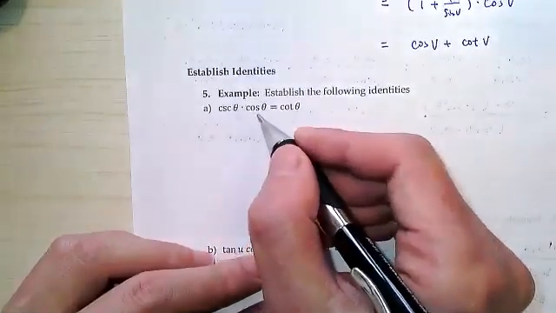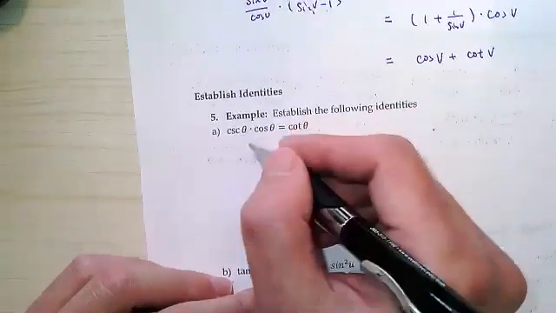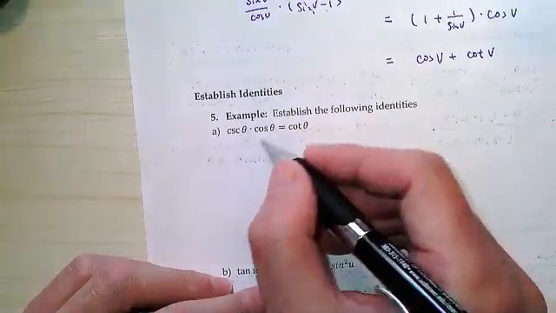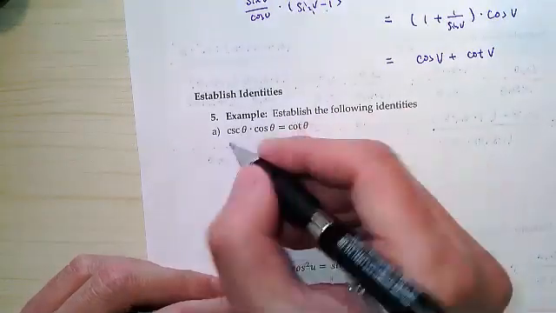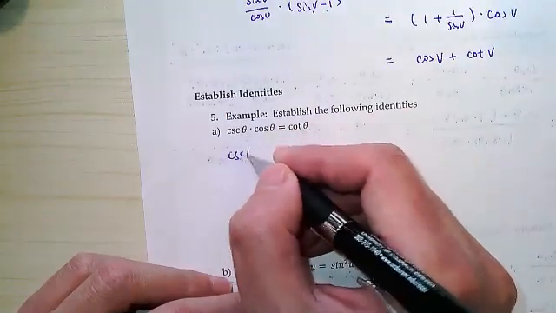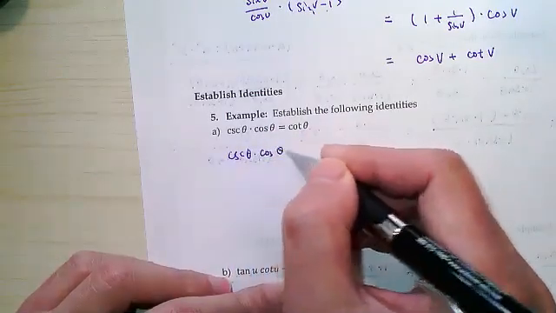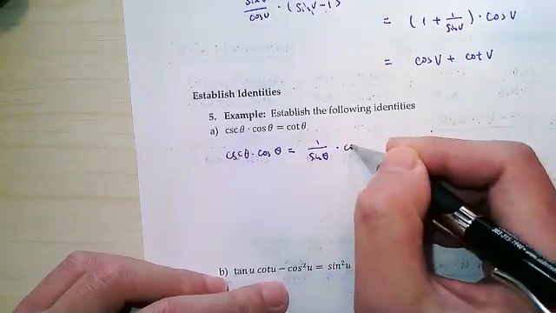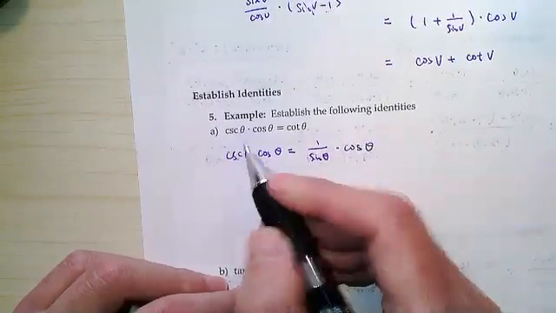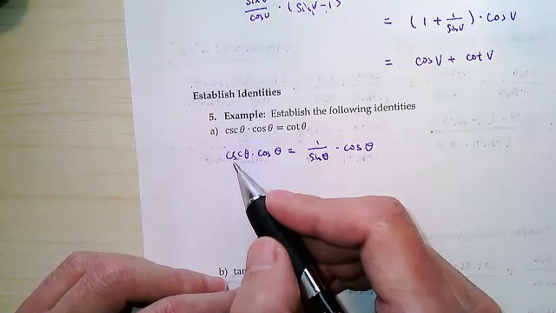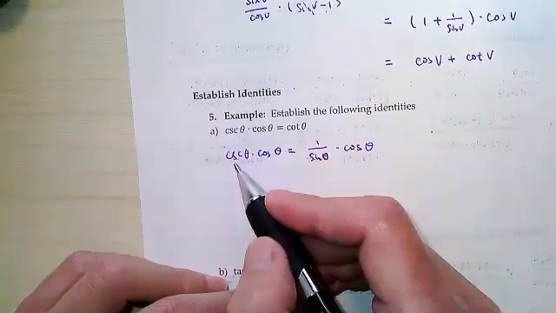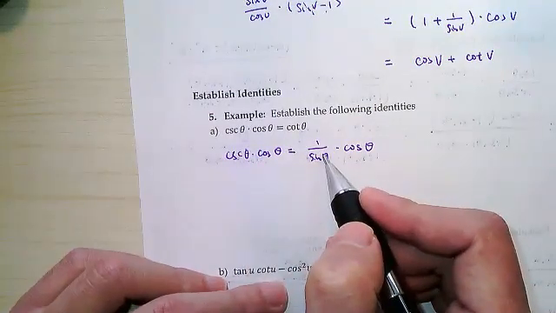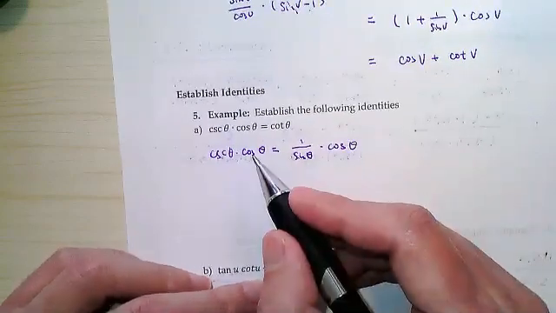Cosecant theta times cosine theta. We want to show that this is true. If you write cosecant theta in terms of its definition, it is 1 over sine. And this is cosine.